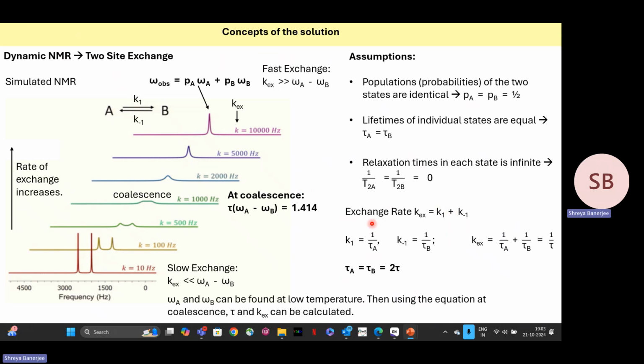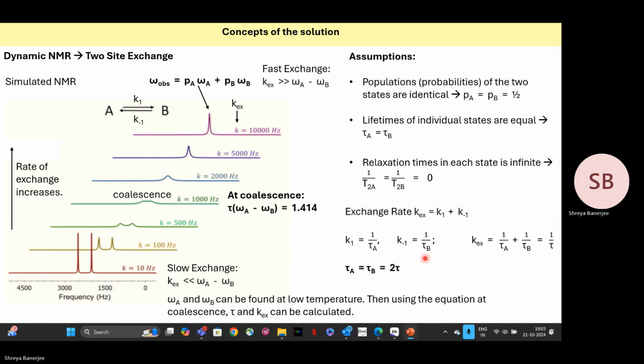And K1 can be written as the inverse of tau A, that is the lifetime in the A state, and K minus 1 can be written as the inverse of the lifetime in the B state. So we can write K exchange as K1 plus K minus 1, which is 1 by tau A plus 1 by tau B. And we will call 1 by tau A plus 1 by tau B as 1 by tau. So this is how we define tau.